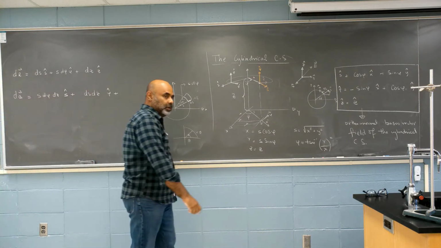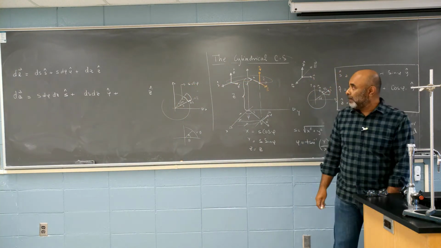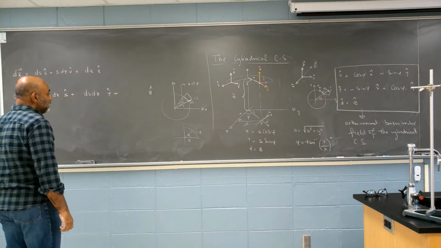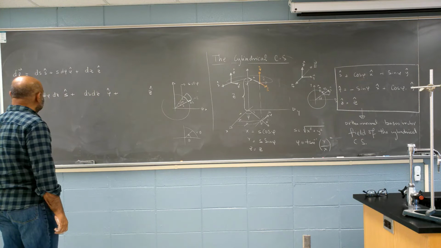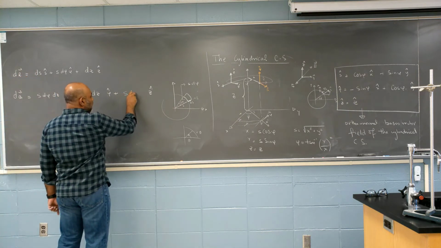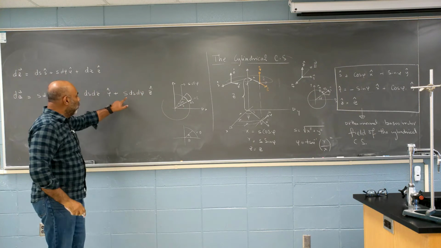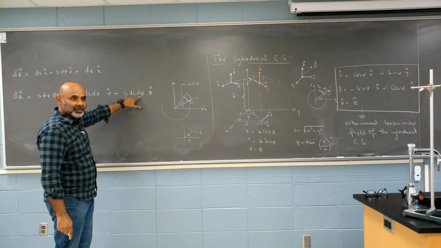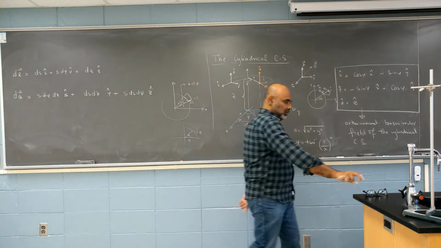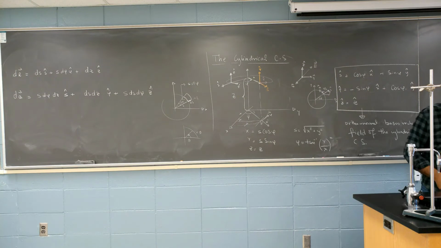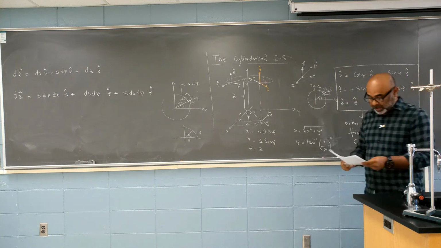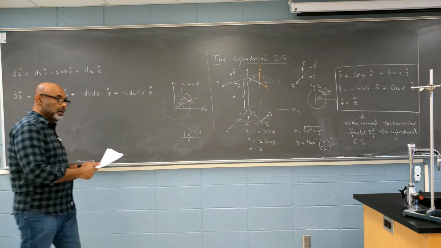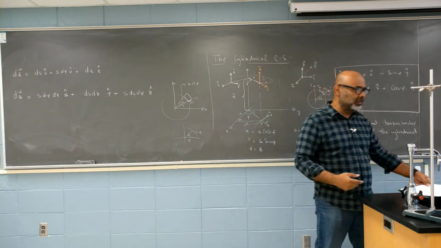And what is this? s and phi. I've written it in the wrong order: the s is just ds, but the d phi is s d phi. With d phi, the s goes with it. It's so easy to intuit so quickly, but I could make a mistake. So let me check: s d phi dz, ds dz, s d phi dz. Yep. Are we good? Does it make sense intuitively?